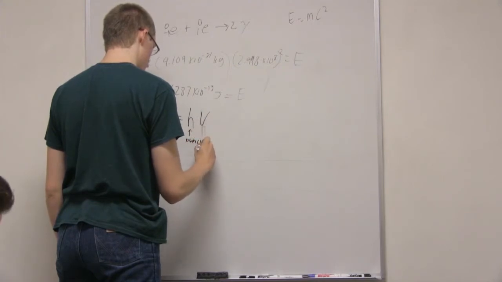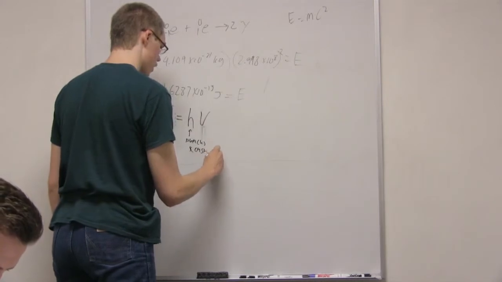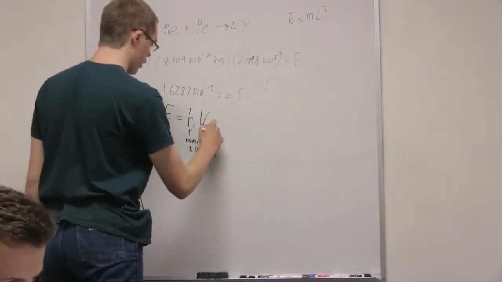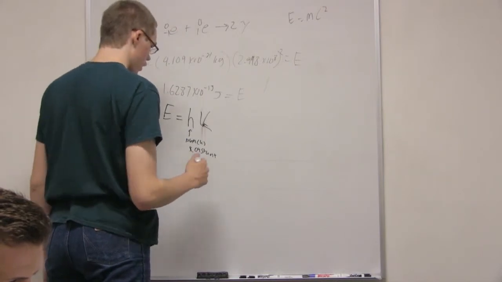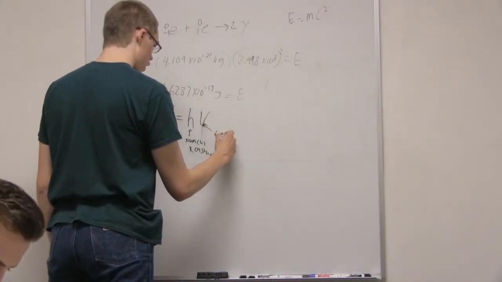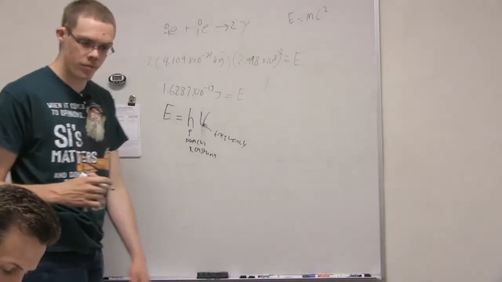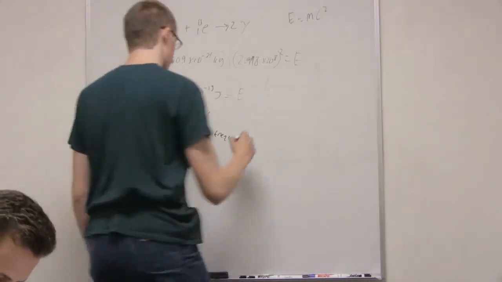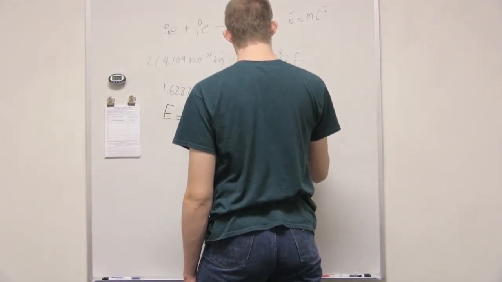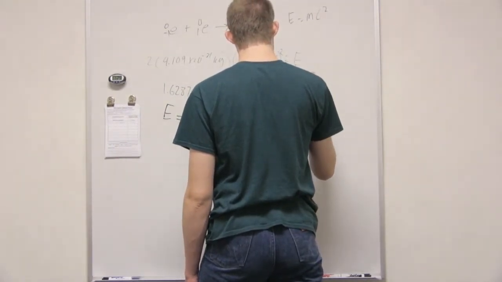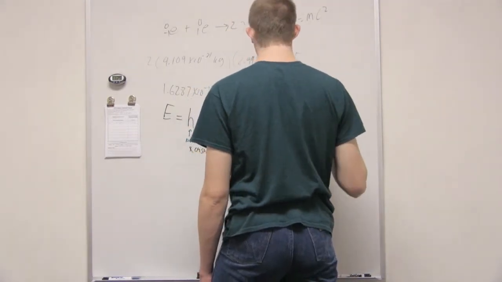What was Planck's constant again? I don't know. If you still have it in your history, it was on that chem website we dug up. Oh, that was 6.626 times 10 to the negative 34th. And we're looking for the frequency.